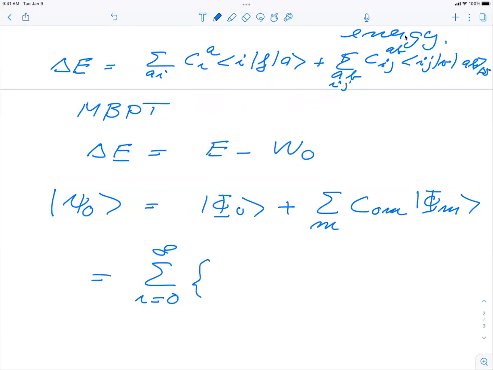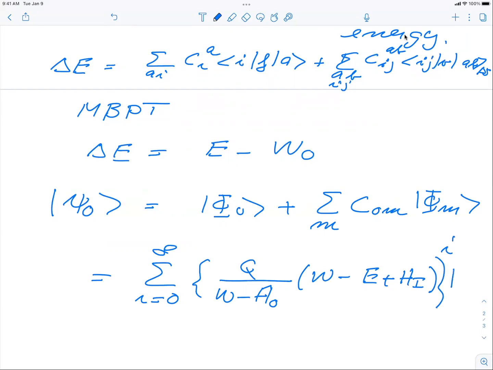And then we had this operator Q, and we had this W, this quantity, which we defined as just a parameter, which we can choose later. And then we had an omega minus E plus the interaction term. And this is to the power of I. And then we have phi 0.